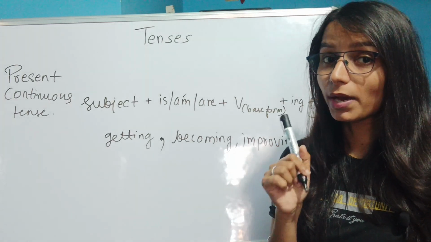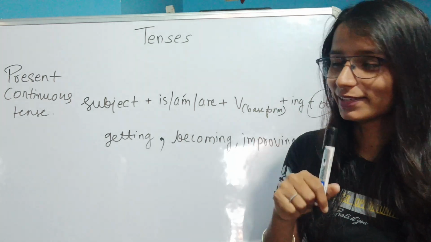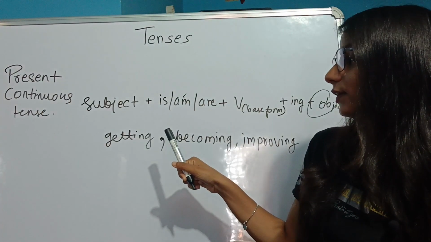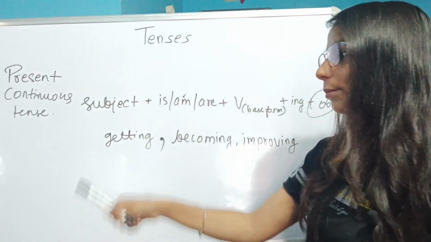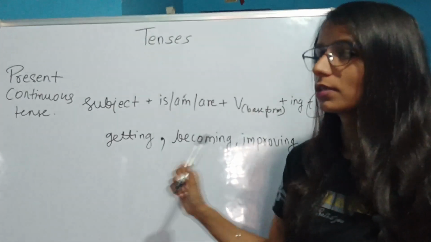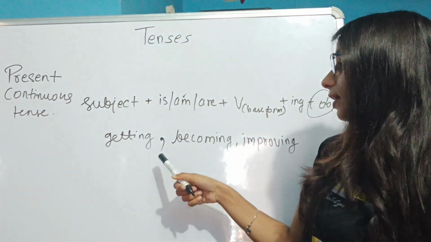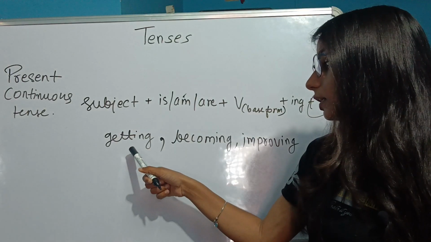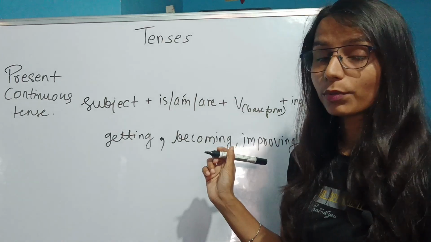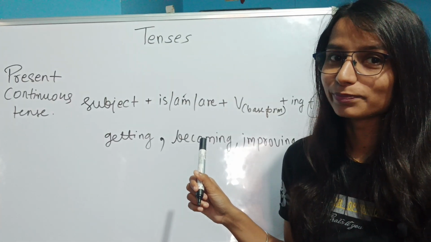So remember it, remind yourself all day. And if you are an active audience, make sentences with getting, becoming, improving. And you tell me which word from these is a transitive verb and which word is an intransitive verb.